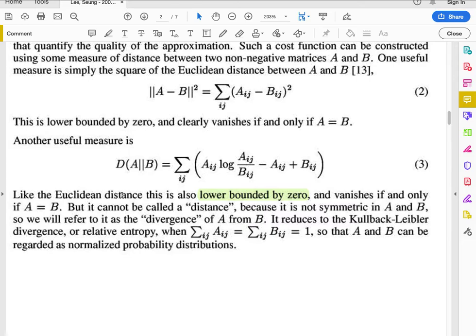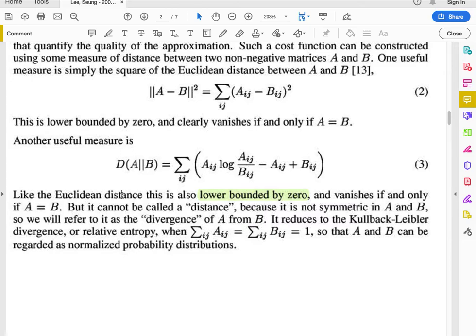Can you prove that it is lower bounded by 0? This is a homework problem for you. You prove that this is never negative. This is always a non-negative functional, and it vanishes if and only if A is equal to B. When A is equal to B, this is equal to 0, this is clear.